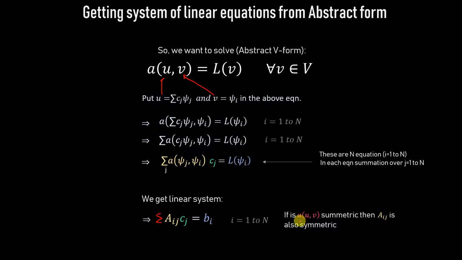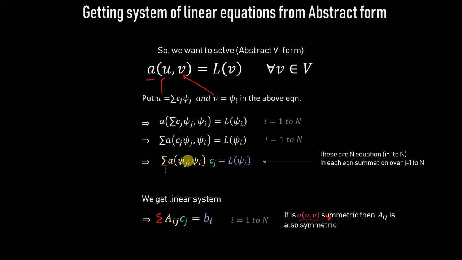Now if A(u, v) is symmetric, since the capital A matrix is derived from the bilinear operator A, then Aij is also symmetric. This is a fact.